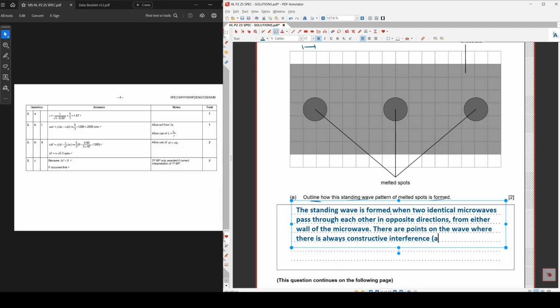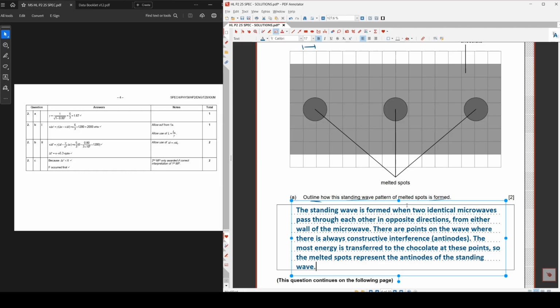I would like to mention, because this might give me a point, that those are the antinodes. Remember, the nodes are where nothing happens, so that's destructive interference. I want to make sure I say that the chocolate gets melted at the antinodes, so the most energy is transferred to the chocolate at these points. So the melted spots represent the antinodes of the standing wave. Pretty good.